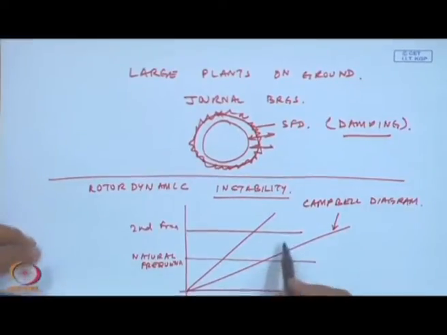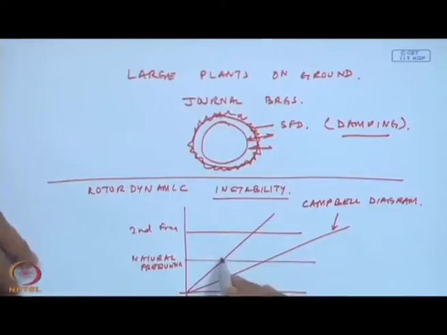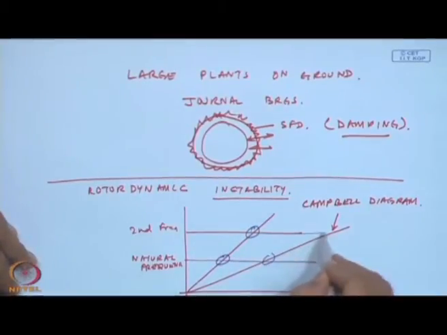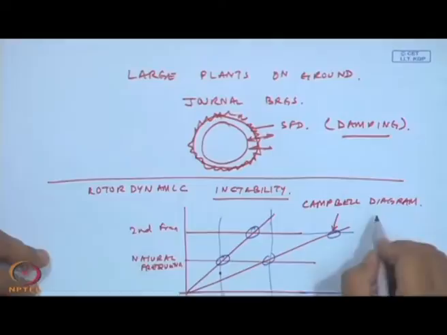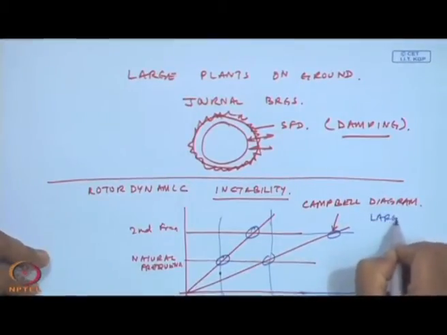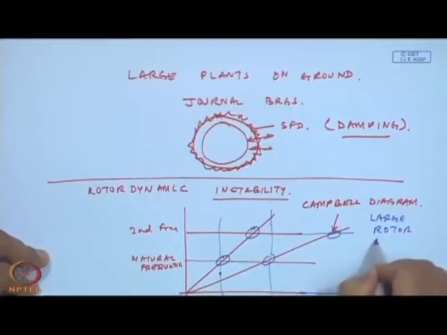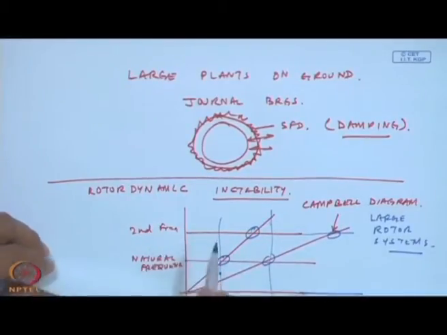There are regions in which you would like to avoid operating, wherein your run-up speed should be such that you are operating at a speed below these natural frequencies, or operating at a speed in between these natural frequencies. So, this kind of RPM versus natural frequencies plot is to be generated for multiple rotor systems or large rotor systems, so that the conditions of resonance because of the critical speeds are avoided.